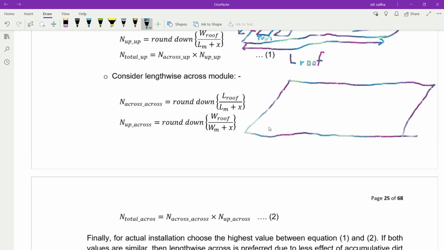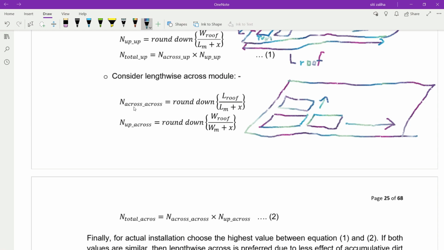This is the landscape orientation or lengthwise across. So this is n across. Another one is n up across.